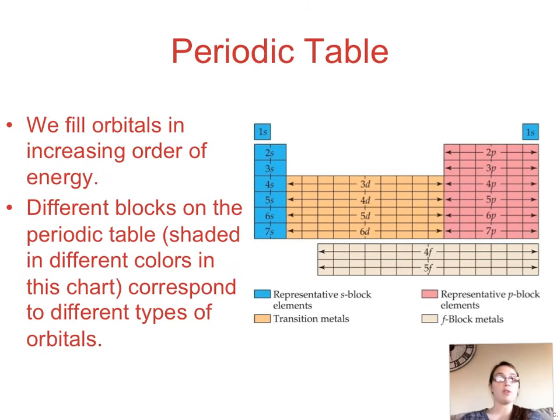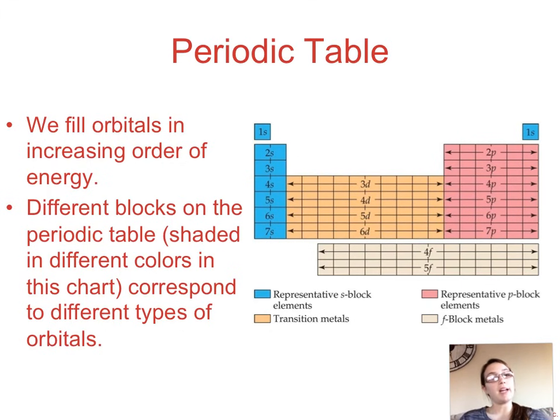If there were no restrictions on quantum numbers, all of the electrons would want to go into the 1s orbital because that's the lowest energy. However, that's not the case, and so we have to go from lowest energy, which is 1s, to highest energy, which is really based on the atom that we're working with.